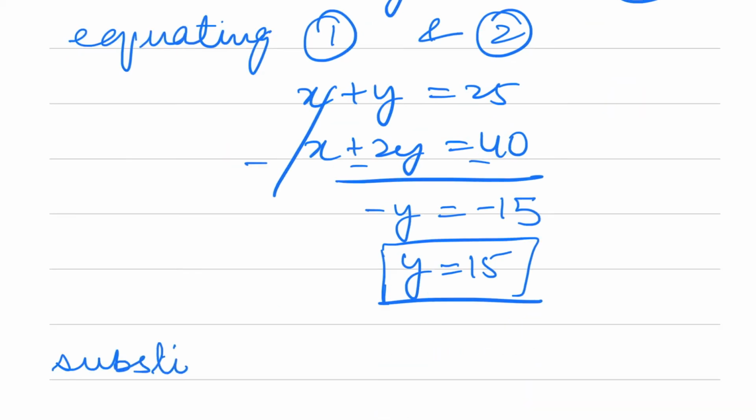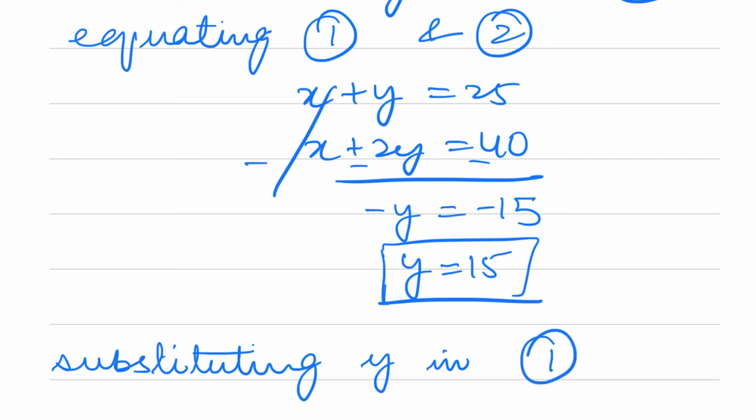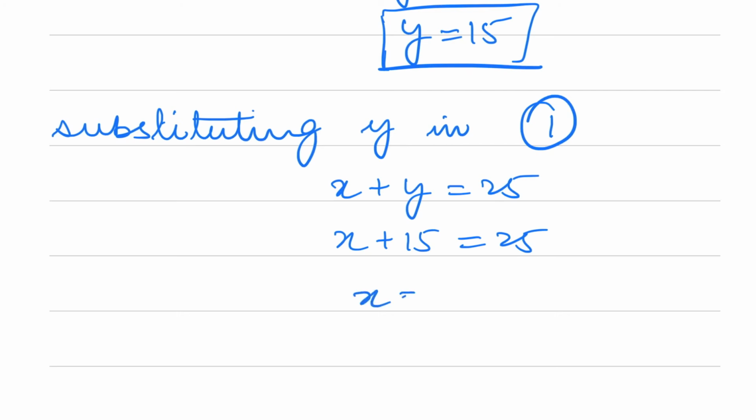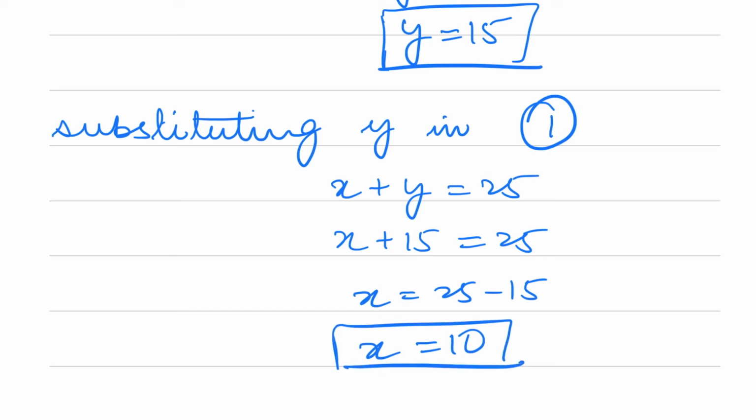Substituting y in first equation. So we have x plus y is equal to 25. So we have x plus 15 is equal to 25. So x is equal to 25 minus 15. So x is equal to 10.